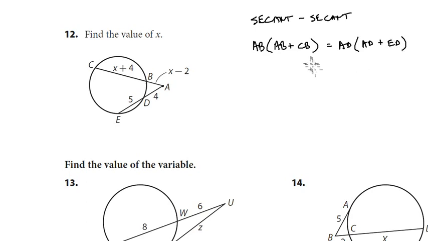So the rule for two secants that make a circumscribed angle is that this small segment times the whole segment is equal to this small segment times the whole segment.